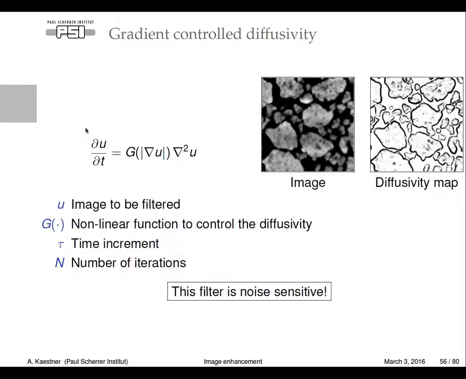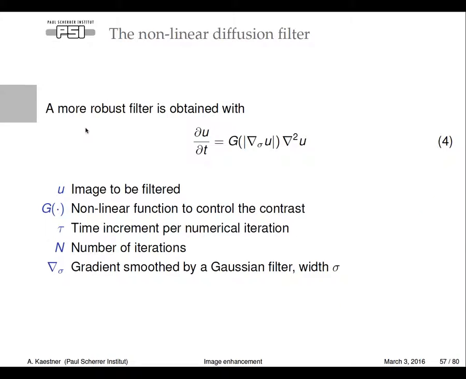This looks good at first sight, but the problem is that finding the edges is noise sensitive, because that's a high-pass filter. So if you have very high noise peaks, that will actually disturb you. So what they needed to do was to smooth the gradient information in this equation, and then you have a stable gradient map, and a diffusivity map, sorry.